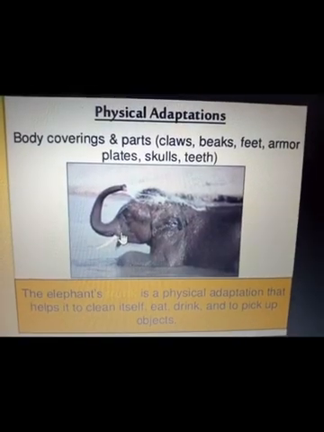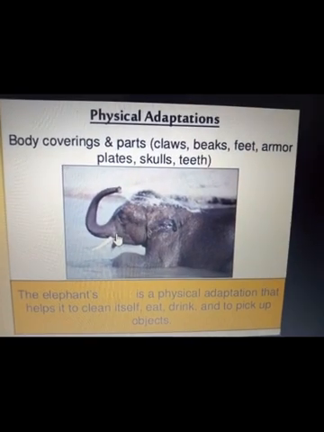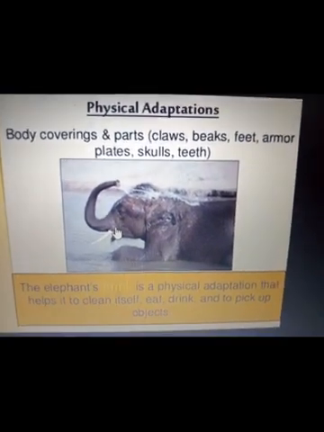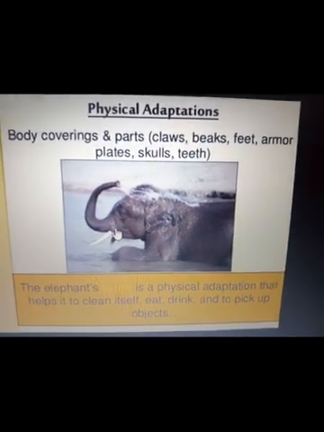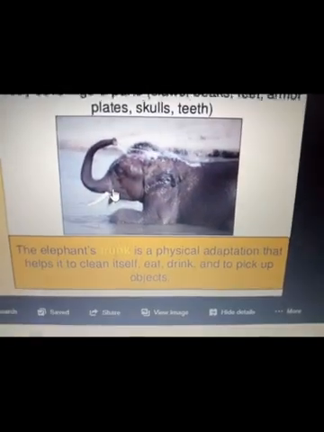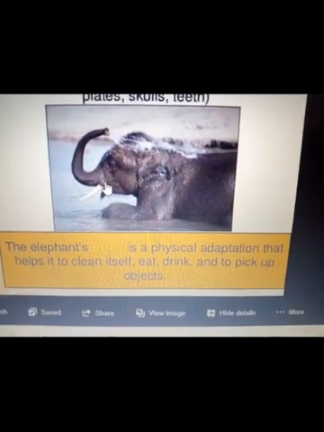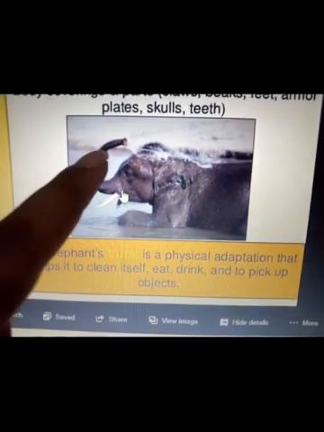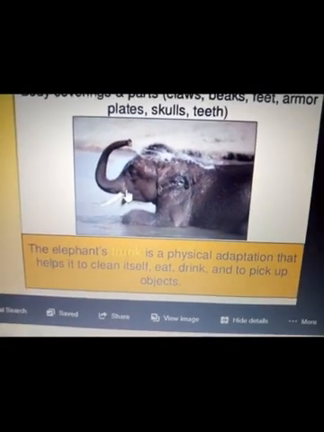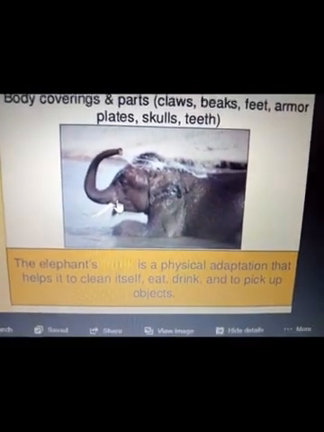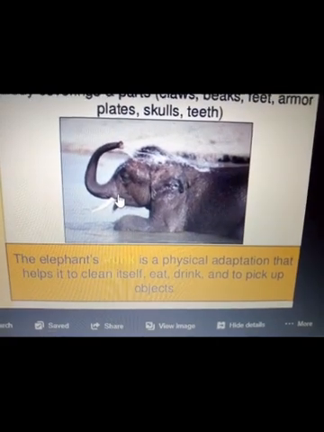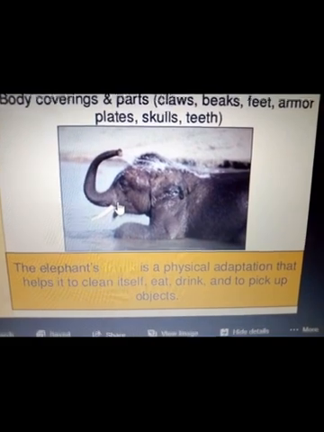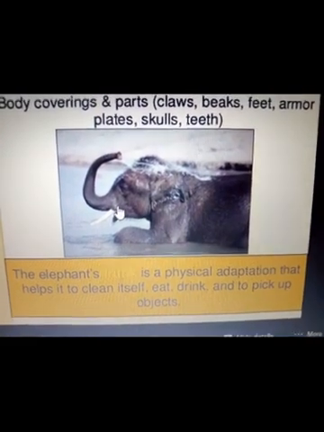I have given you the example of the elephant trunk, body coverings and parts in physical characteristics. What comes? Body covering and parts. See, the elephant trunk is a physical adaptation that helps it to clean itself. See, he is cleaning himself. So an elephant's trunk is a physical adaptation that helps it to clean itself, eat, drink, and pick up objects.